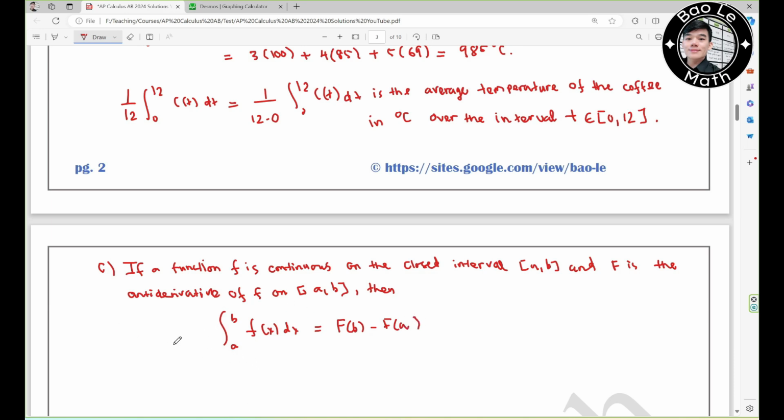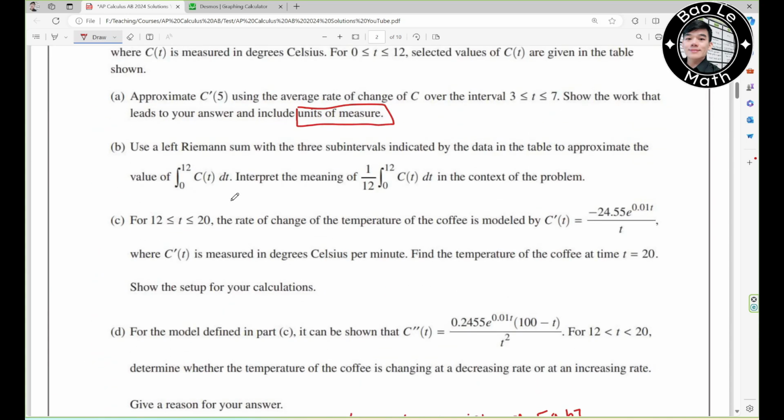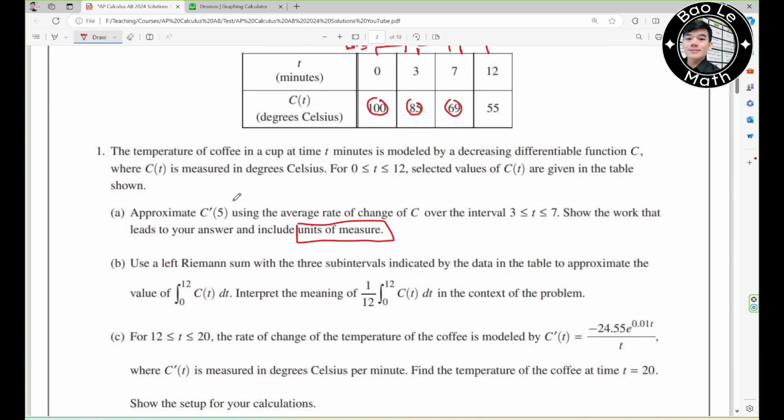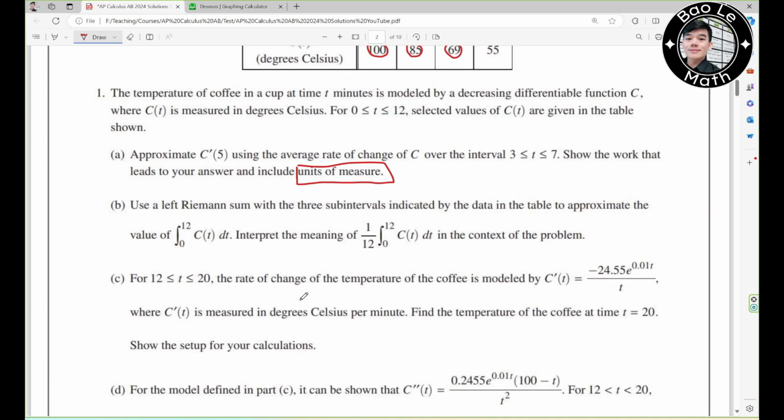Alright, so we look at this one right here. C prime is the derivative of C of t. t equals 20 right here, right? 12 and 20.